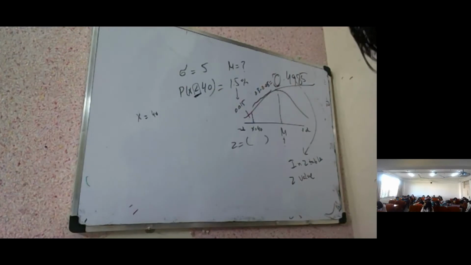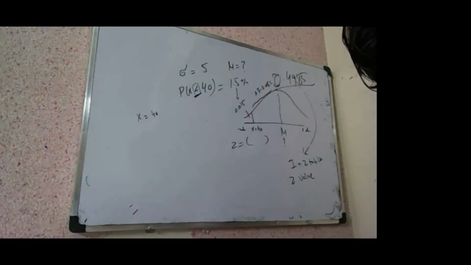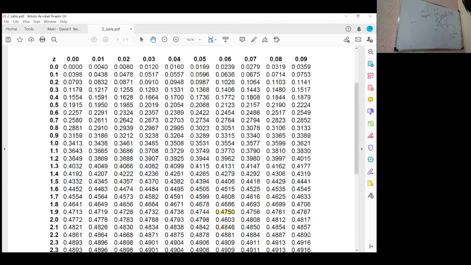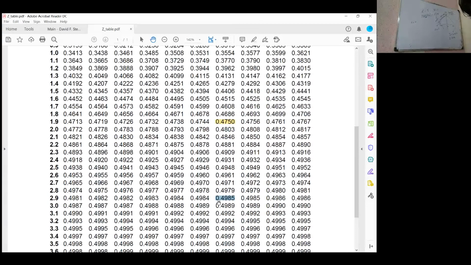Okay, let me see, because I think it's 2.9. So look at this value, it's 0.4985.